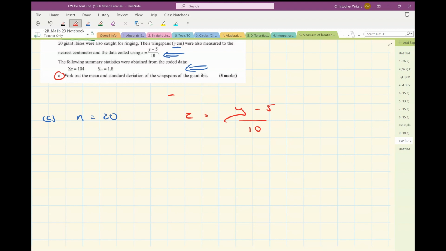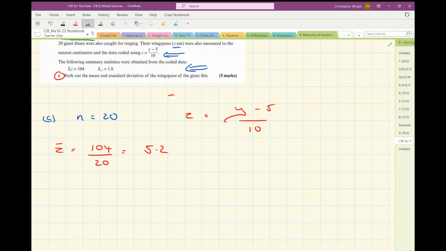Right, well, first of all, I better work out the mean of the coded data. So the mean of Z is going to be 104 divided by 20. So the mean of the coded data is 5.2.